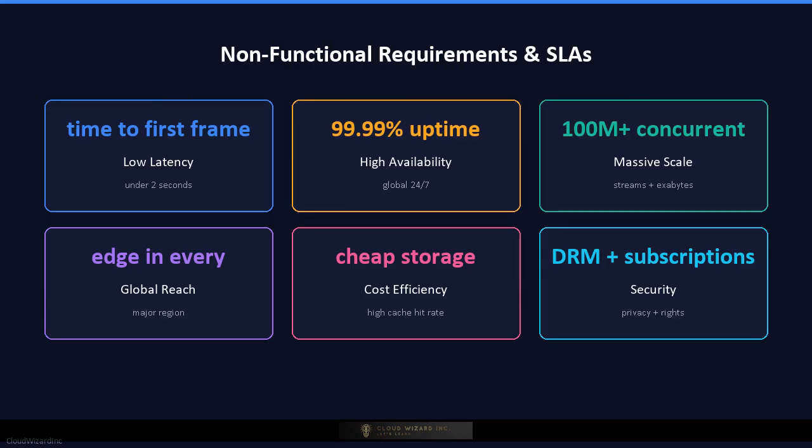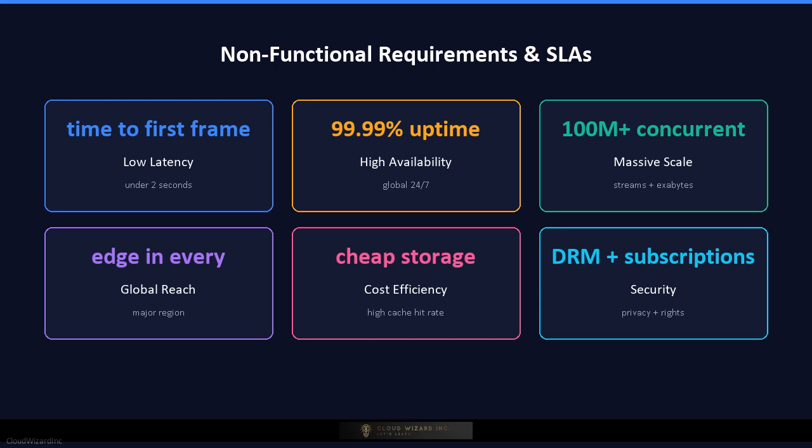Now the non-functional requirements. Playback latency must be extremely low, with time to first frame under a few seconds and rebuffering kept rare. Availability must be extremely high, because users stream around the clock and expect uninterrupted entertainment. The system must scale horizontally to support hundreds of millions of concurrent streams and exabytes of video storage.